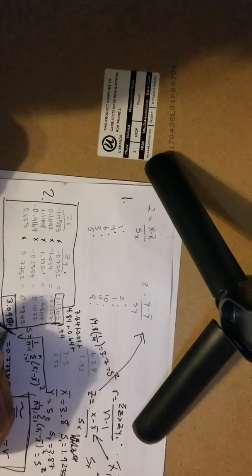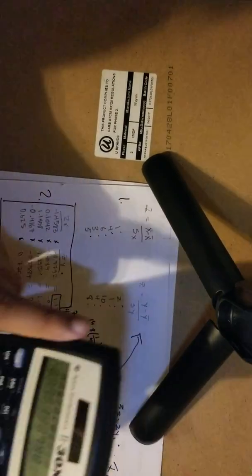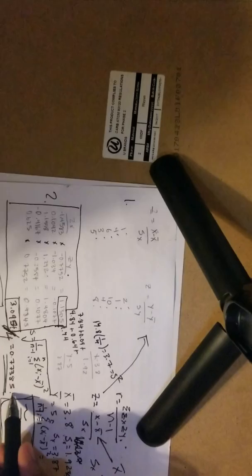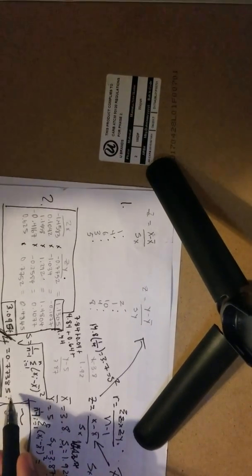So we're dividing this number that we just got by 4. So we have 3.0954 divided by 4, and we get 0.77385, which is what I got right here.